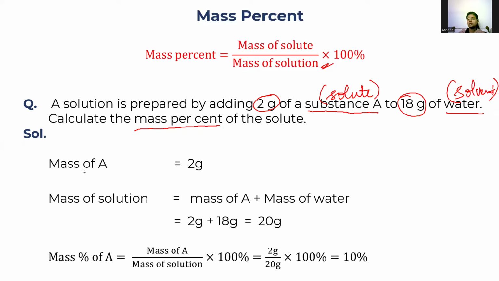Mole fraction. So what is mole fraction? It is the ratio of the number of moles of a particular component to the total number of moles of the solution. It is represented by chi. This symbol is called chi; you have to write it like an X, but it is actually called chi. So the mole fraction chi is equal to the number of moles of that component divided by the total number of moles.